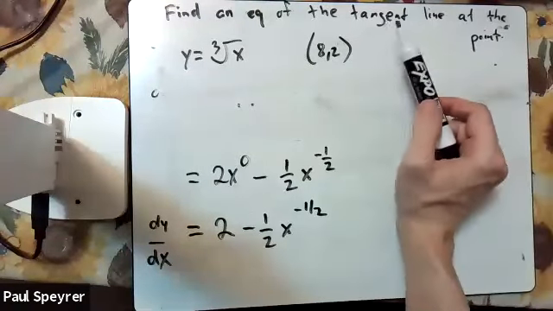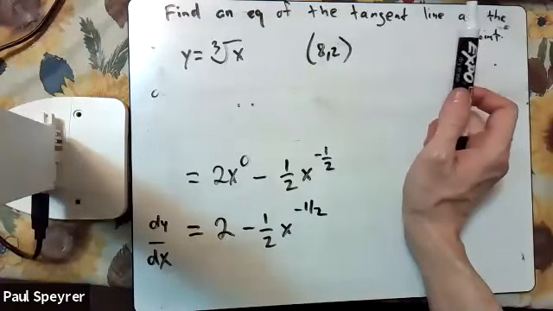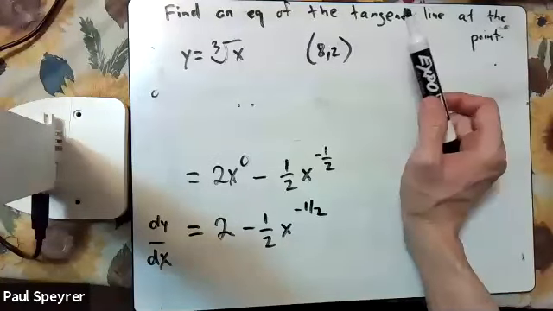So remember, we did this in chapter 2, right? We were finding an equation of the tangent line at a given point.